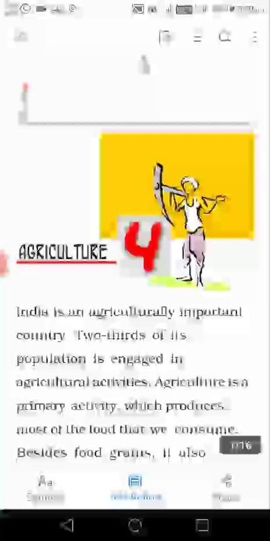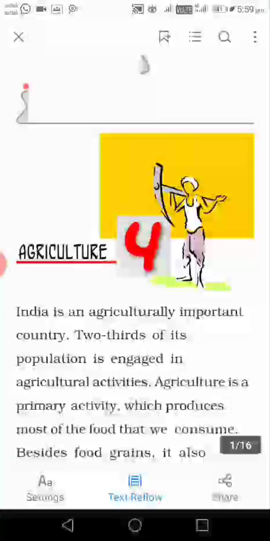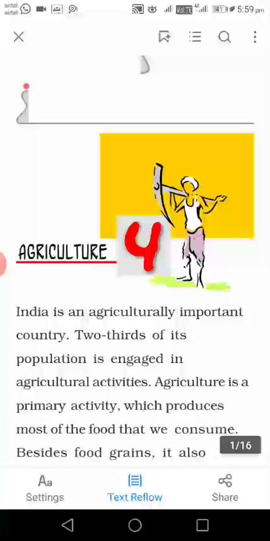This is Javed Wani, your geography teacher, with a new lesson of geography that is in your book mentioned as chapter 4. Okay, students, as you studied in your previous class 8th about Indian agriculture, and you already know that this agriculture is very much important for India.